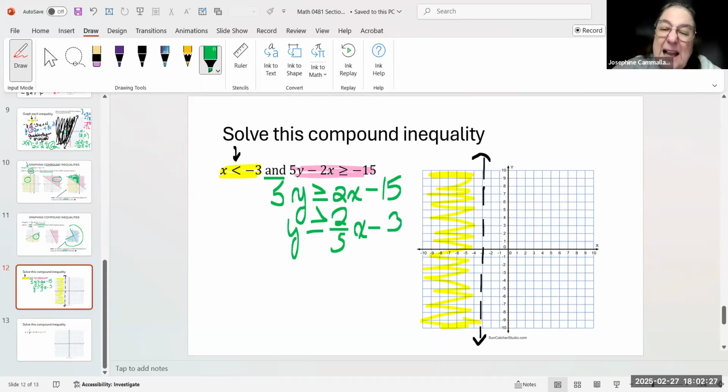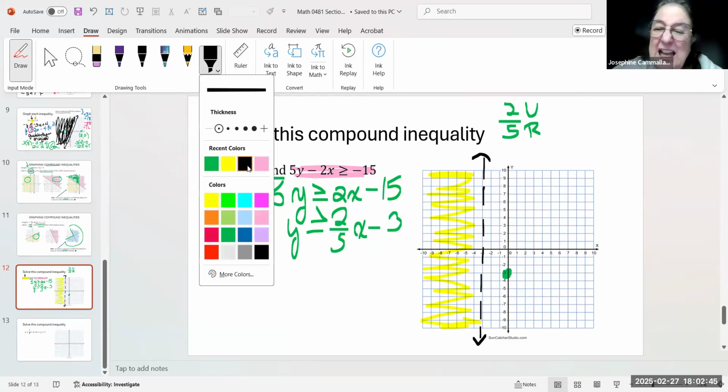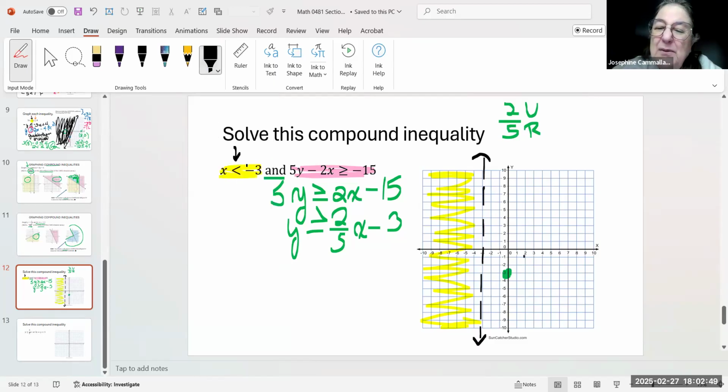Okay, I'm going to graph. Here's my -3. Now, my slope is 2/5. I'm going up to the right 5 from my green dot. Up 1, 2, 3, 4, 5, right here.